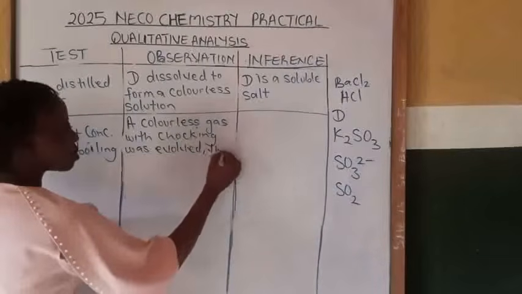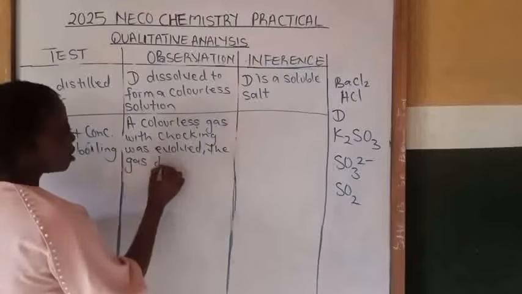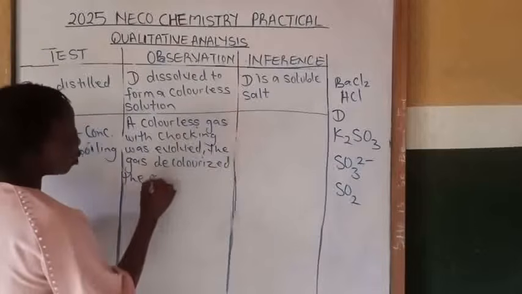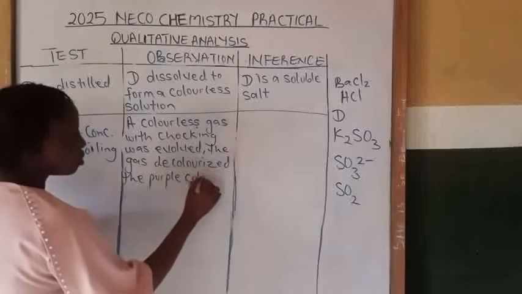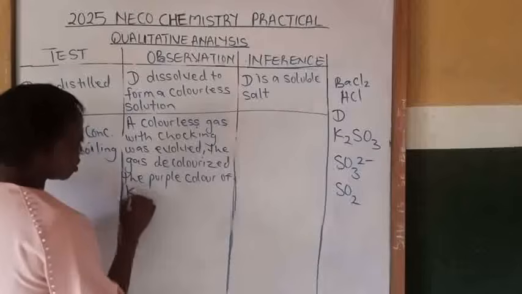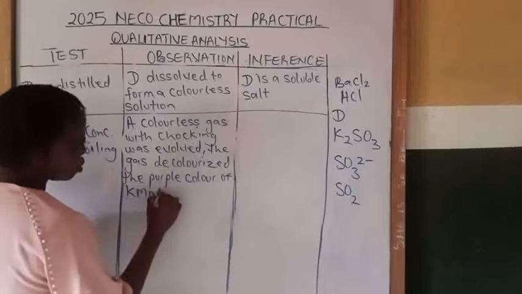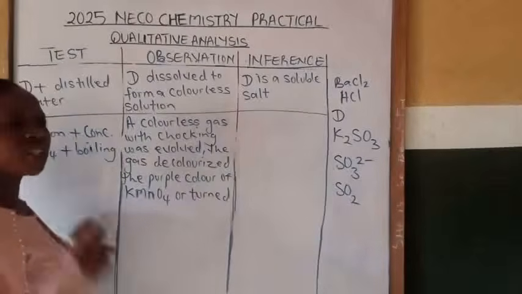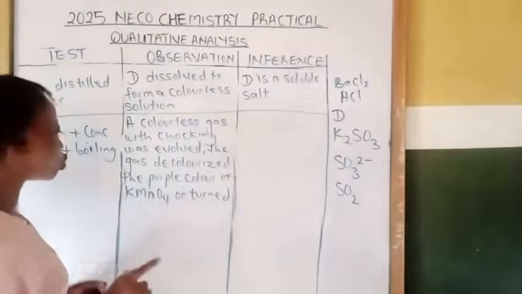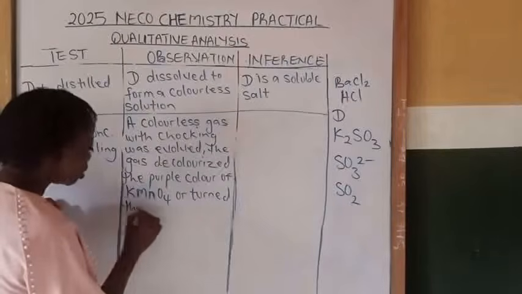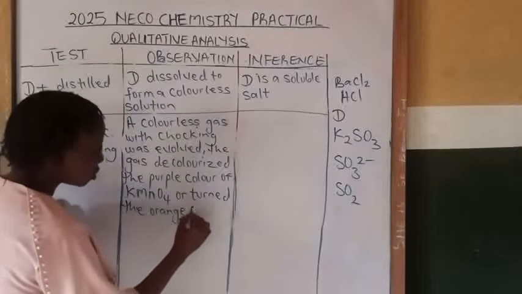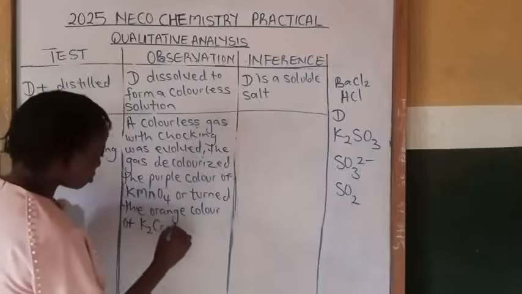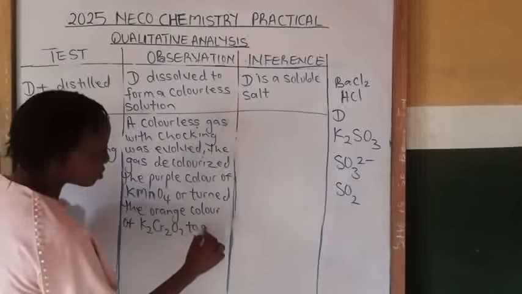So the gas decolorized the purple color of KMnO4, or it can also turn the orange color of potassium dichromate to green.